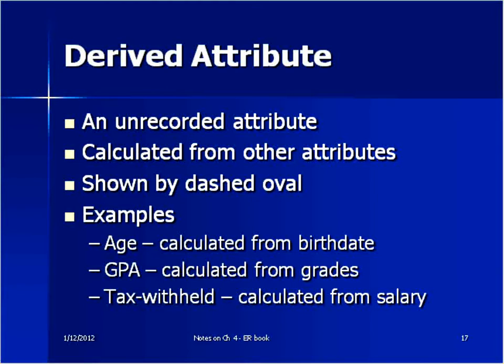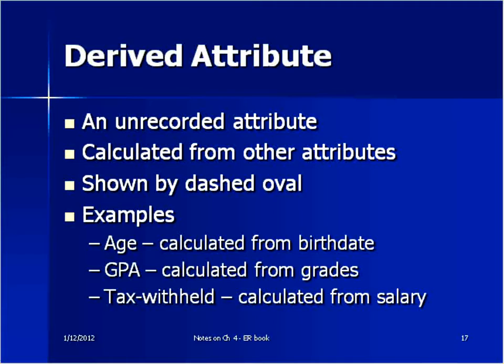Another kind of attribute that we have is a derived attribute. This is an attribute that a lot of times is not physically kept. It is calculated and derived. For example, an attribute like GPA is calculated based on the grades, or an attribute like age could be calculated based on the birth date.